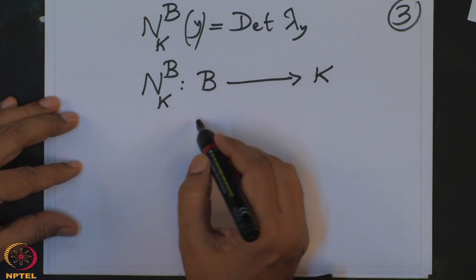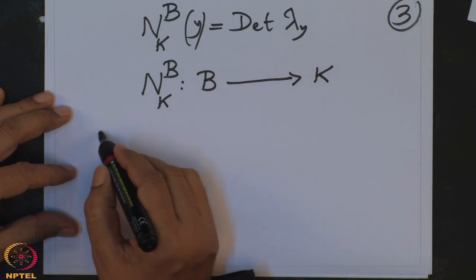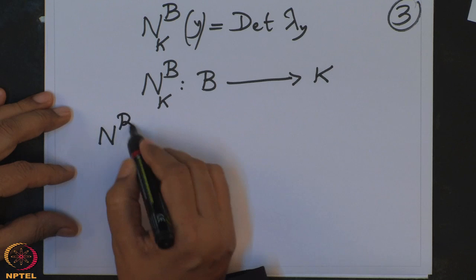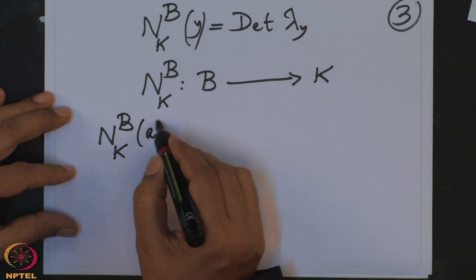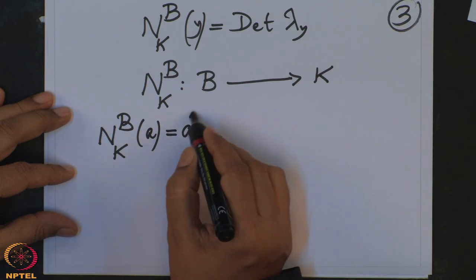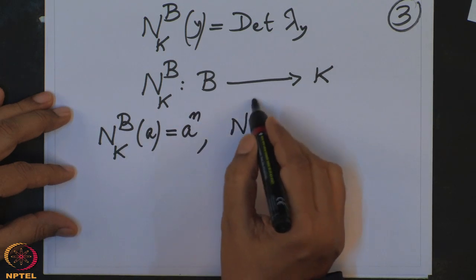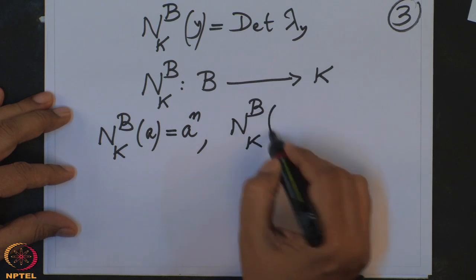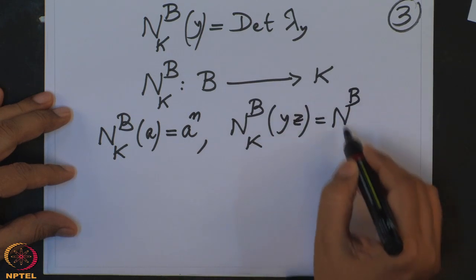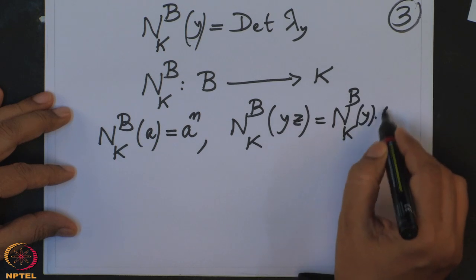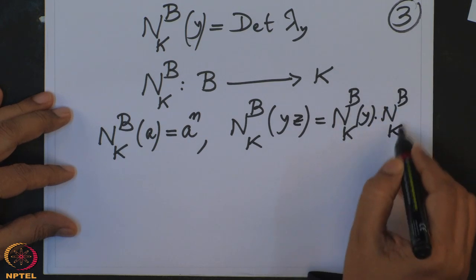So first of all, the properties it satisfies: the norm of B over K of any constant a is a to the n, and the norm of y times z is the norm of y times the norm of z.